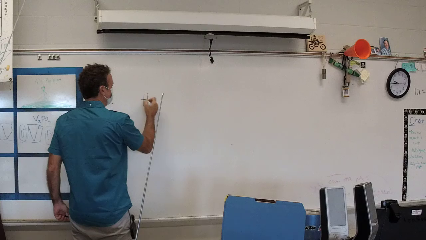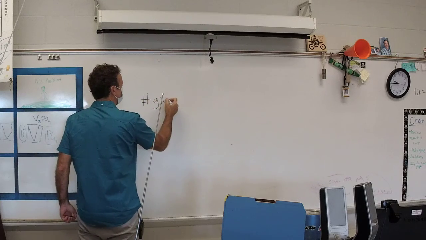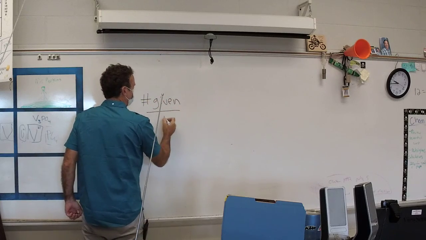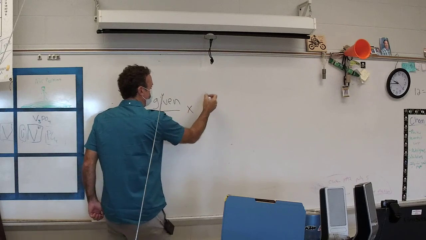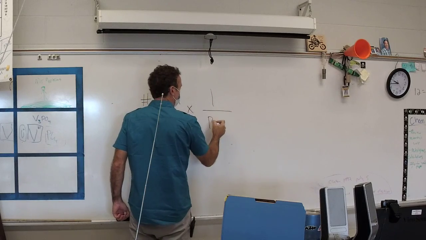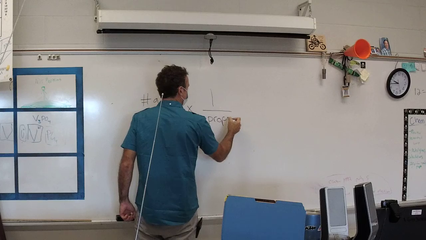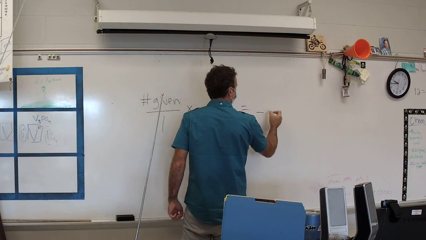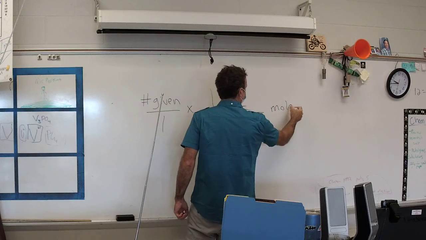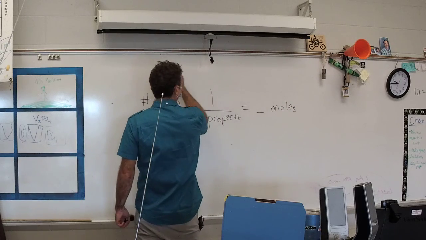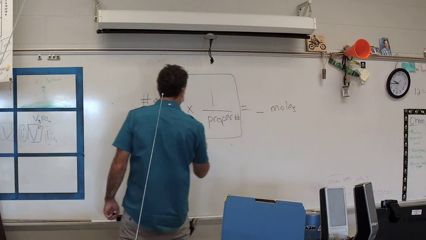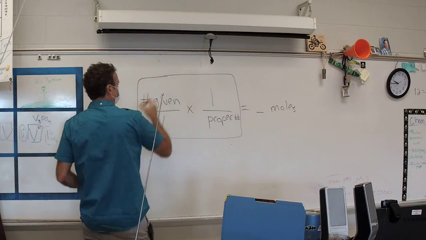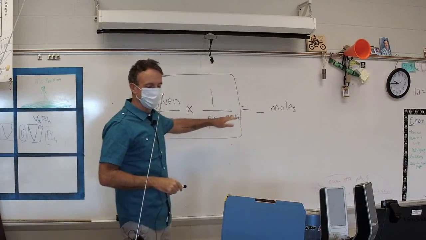The number given over 1 times 1 over the proper number equals the number of moles that you have, okay? So anytime you've gone through 2 steps of a problem, you have the number of moles.